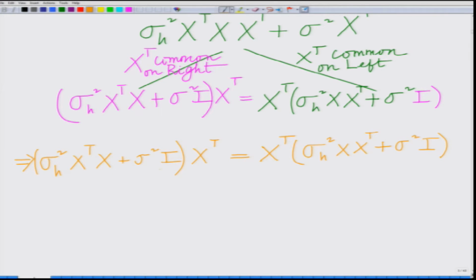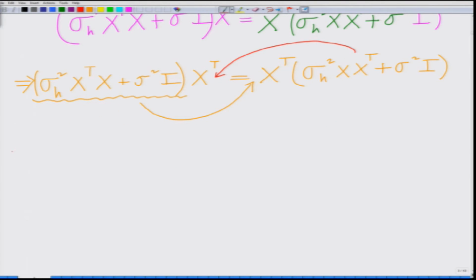And now since both these quantities are equal, I can multiply with the inverse of sigma h square x transpose x plus sigma square identity on the left. So this will become the inverse and come over here, and sigma h square x transpose plus sigma square identity, I can take its inverse and bring it on the right over here.